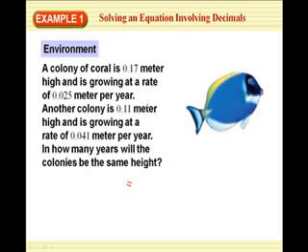So this one is 0.7 high right now, plus it's growing at a rate of 0.25x per year. X means the number of years. So in 1 year it'll be that, in 2 years it'll be twice that, 3 years, 3 times that. The other colony is 0.11 meters, and it is growing at a rate of 0.041 per year.